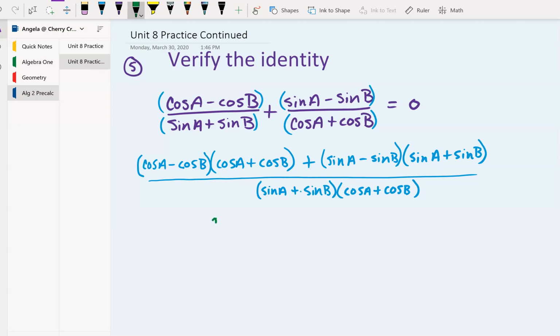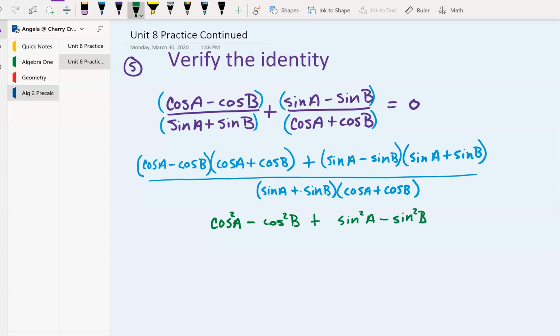Difference of squares here is going to give us cosine squared of A minus cosine squared of B. We're going to be adding to that sine squared of A minus the sine squared of B.